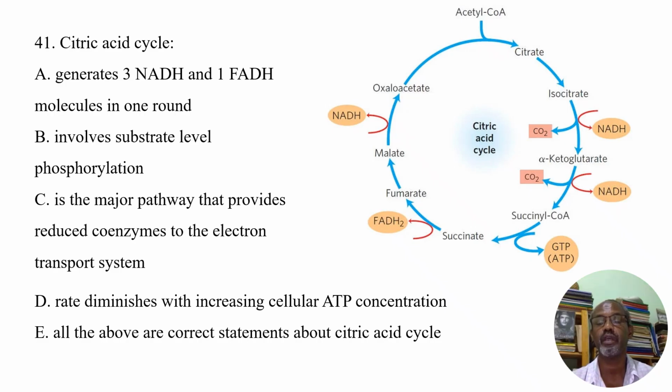The metabolic pathway working is decreased when ATP is too much. This is end product inhibition. Therefore, all of the above are true.